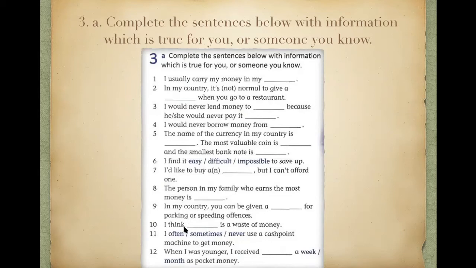Pienso que comprar flores is a waste of money, pérdida de dinero. Or I think eating hamburgers, or I think playing Dota is a waste of money. I think buying many clothes is a waste of money. I think buying books, accessories, earrings is a waste of money.